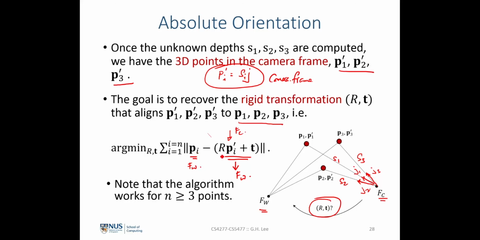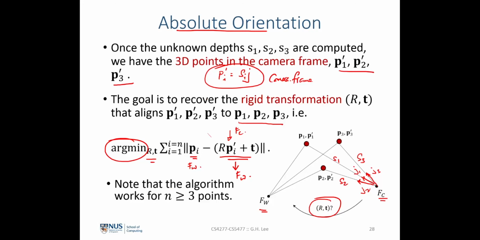So we want to minimize the total alignment error over the unknown rigid transformation parameterized by a rotation matrix as well as a translation vector. We'll achieve this using what we call the absolute orientation algorithm.